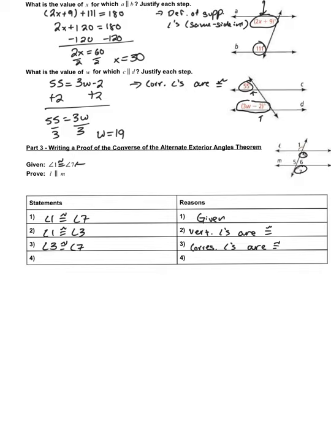So we could say that line L is parallel to line M, and the reason is if corresponding angles are congruent, lines are parallel.